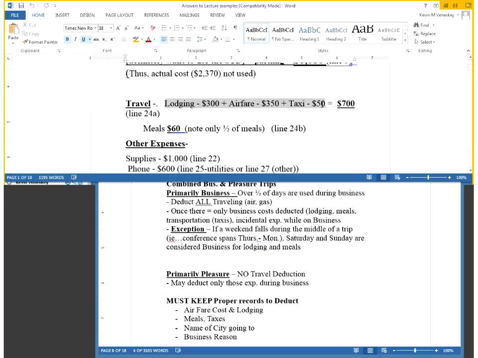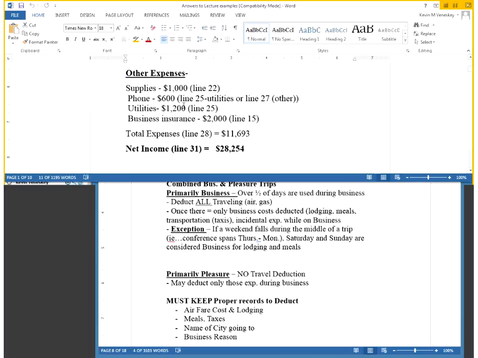Travel, we can deduct everything fully except the meals. So in line 24A, I can put 700 there, and then put $60 for 24B, half of my meals. And then notice I can list some of these other items as well. When there's more than one thing, you can do a split line item.